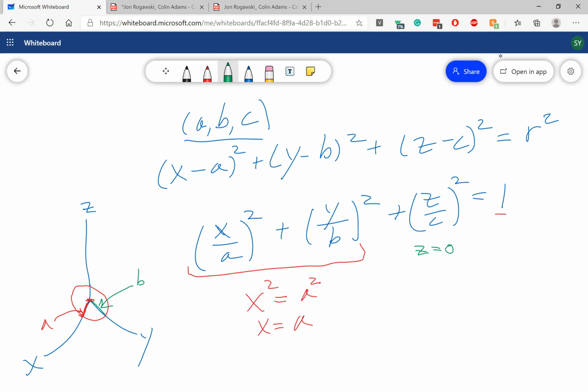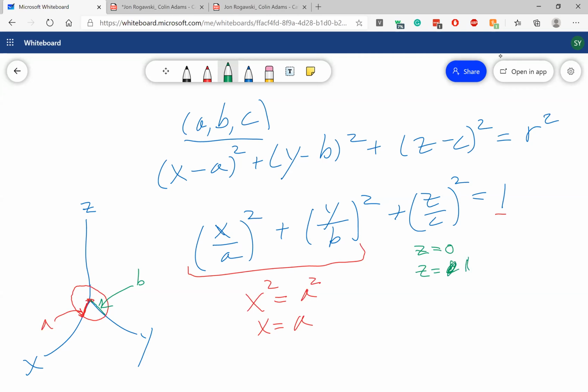Now, when z is equal to 1, well, let's try, let's say, a half first. Well, it doesn't really matter, it depends on c over here. Okay, whatever, let's just do 1. Why not?